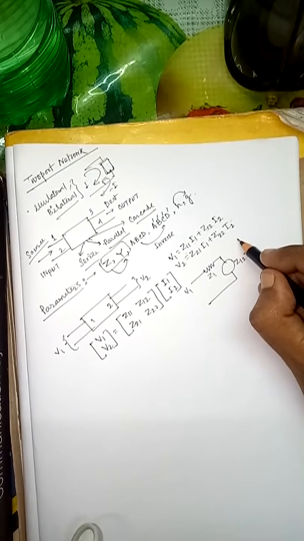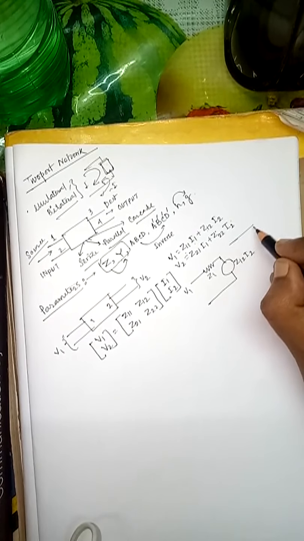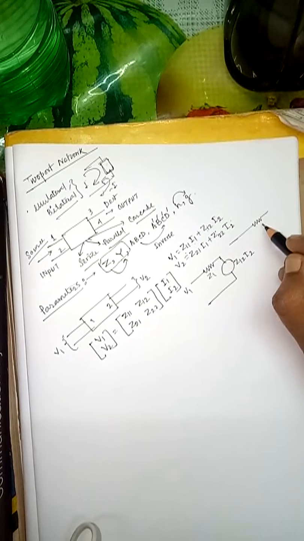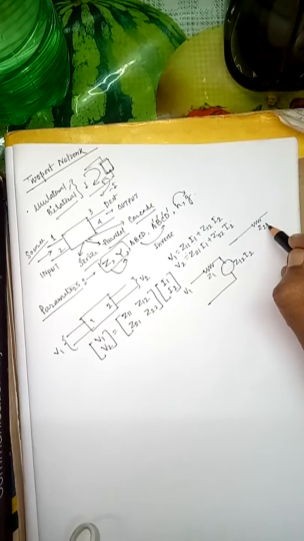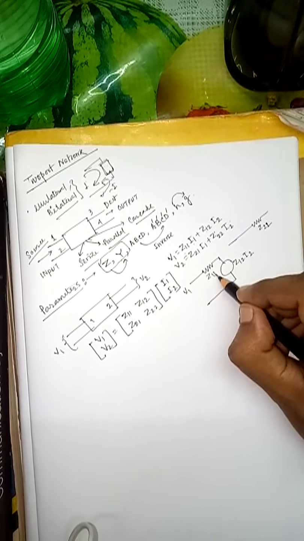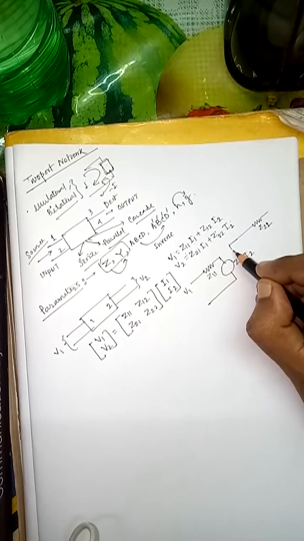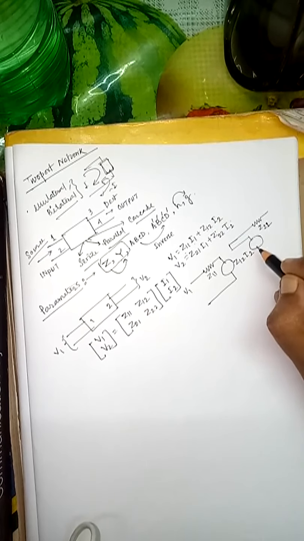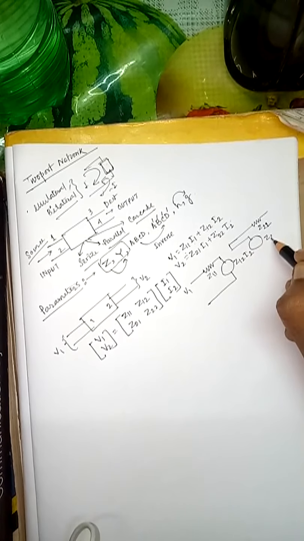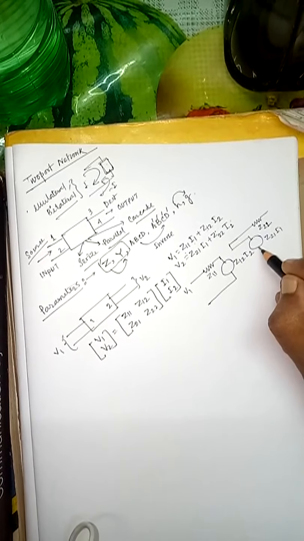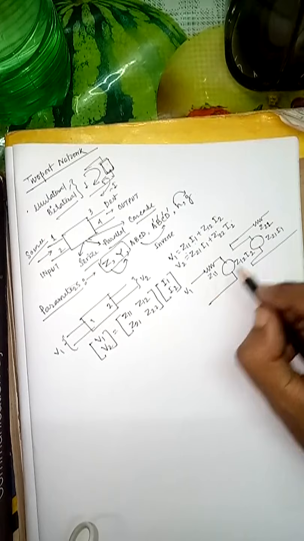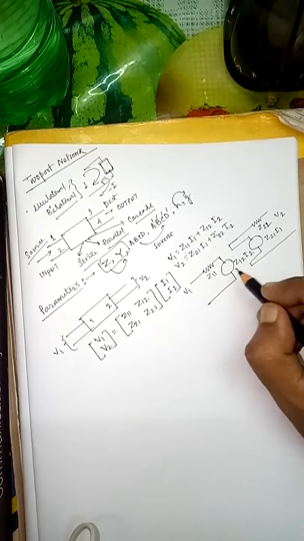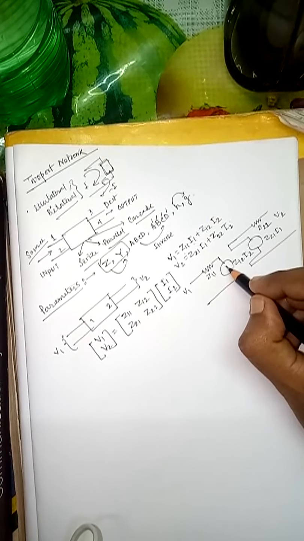And in the other section there is again one impedance, that is Z22, and the source is Z21 I1. So that is V2. So it is a current source.